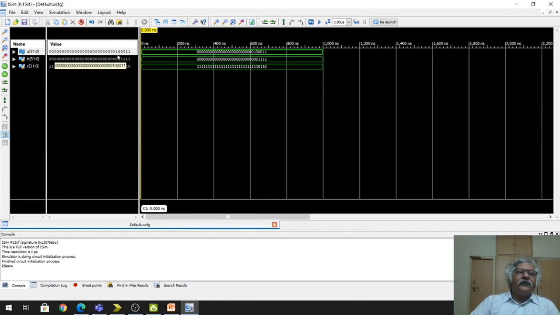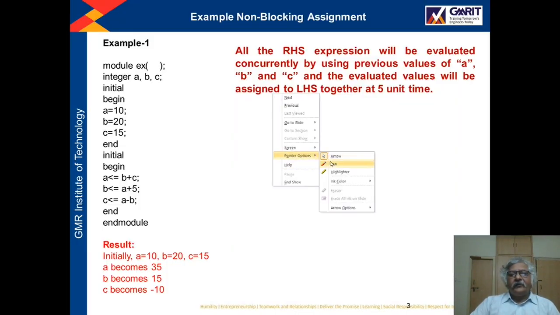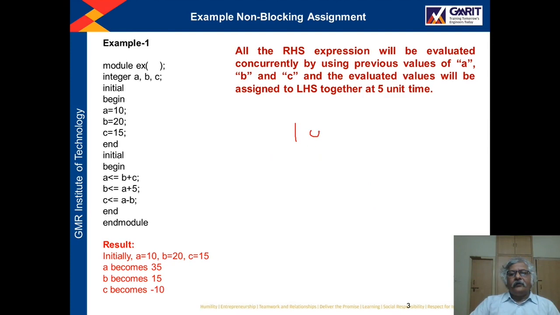So here you see 1 0 0 0 1 1, and after this all are zeros. So A is 1 0 0 0 1 1, and all the remaining higher order bits are 0.